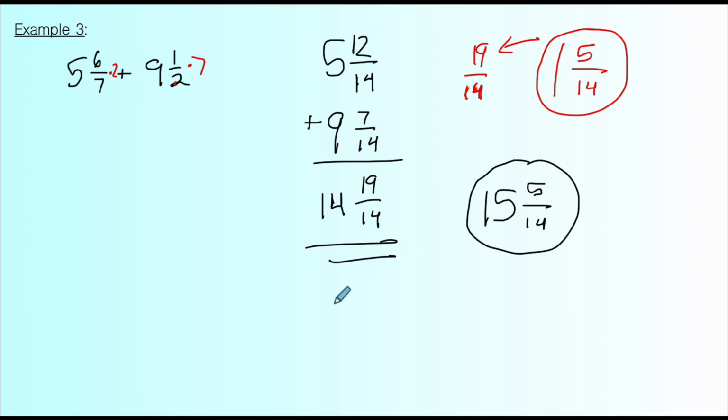This answer is correct. This answer is written in simplified proper form. This is the best possible way to write the answer. This is how most teachers, if not all, prefer to see your fractions written. So try to make that the habit if you can. Make sure it's simplified and no improper fractions.